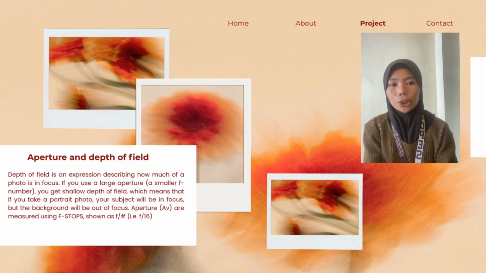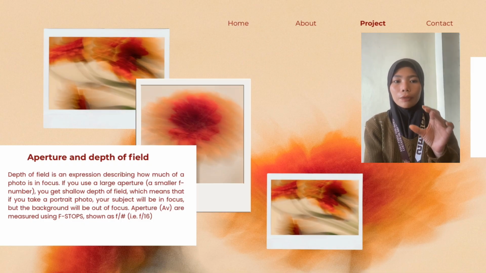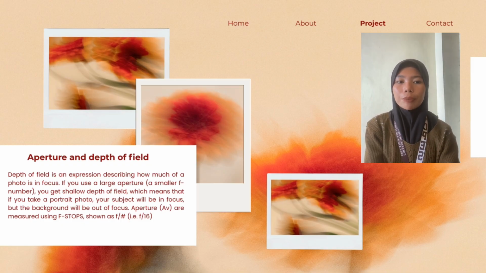You can control depth of field by adjusting the camera's aperture, focal length, and distance from the subject.